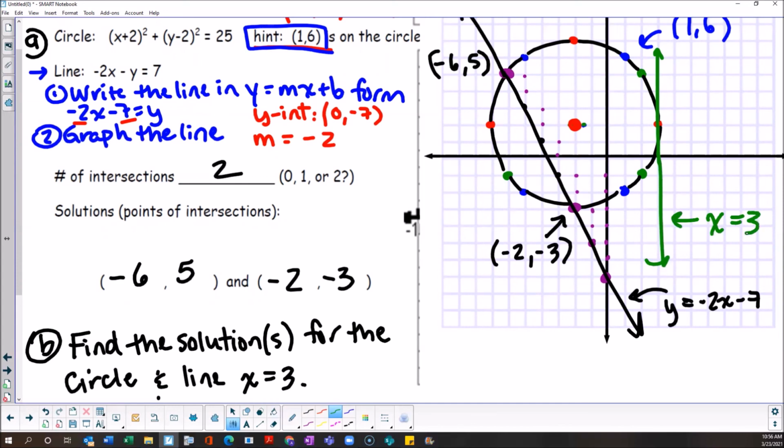So x equals 3 would be a vertical line, x is held constant where it equals 3. So that's easier, right? I just look where they intersect and what do you know? Right there. So where x equals 3, I just look at my graph and say, what's the y coordinate? So it would be 3, 2, right?